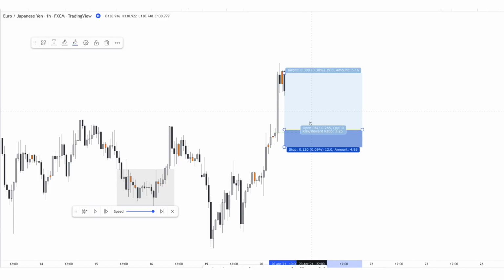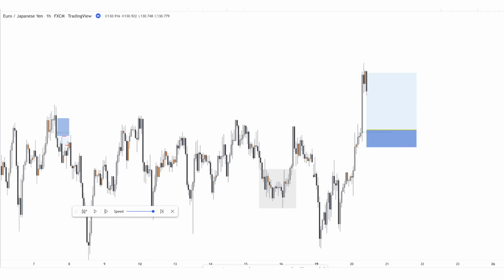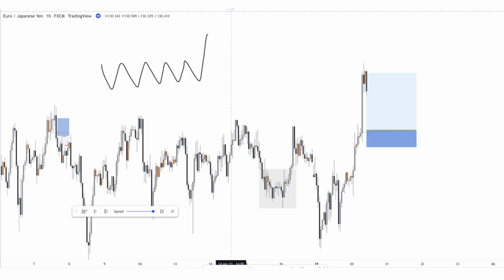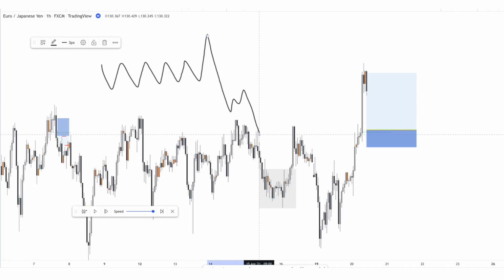Now, this could go two ways in this kind of region, right? When you get a pattern or a structure that's been respected for a while, then you get a push out. You're either gonna get continuation and then price will continue, or price will just continuously reverse and either continue to the downside, or it will just start to mess around again until you get some sort of continuation that usually confirms the move to the upside or to the downside.